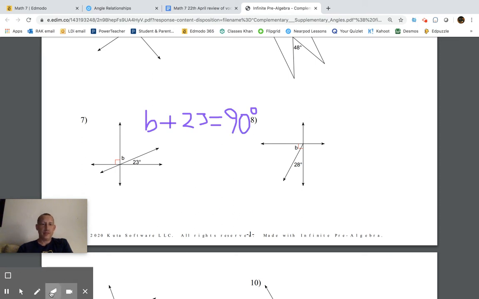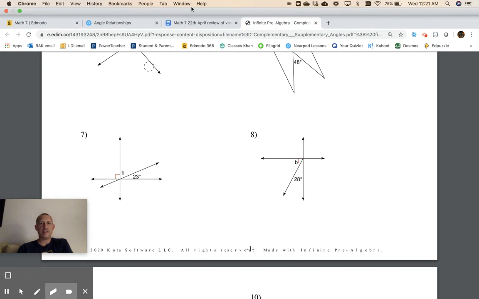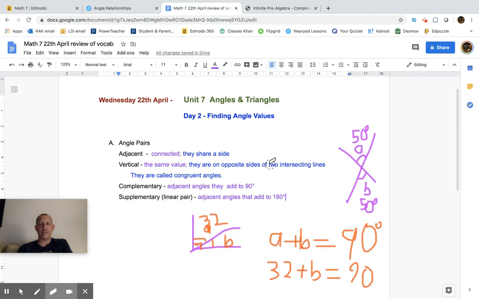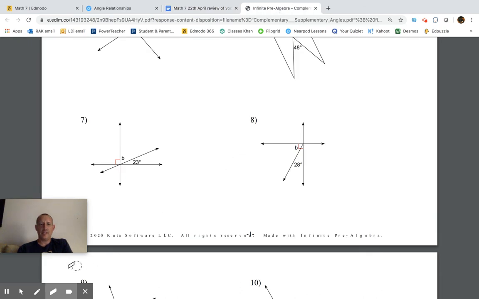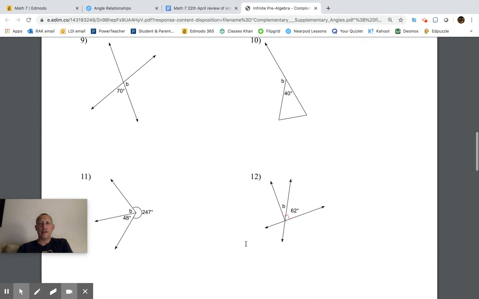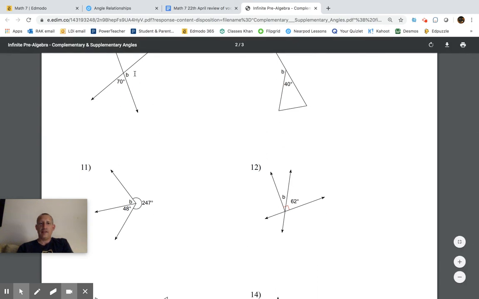Then we have the last type of angle pair that we talked about, supplementary, or some people call it linear pairs. These are two angles that add up to 180 degrees. So it'd be just like what we did, except this time we're going to add them to 180 degrees. Are these supplementary? Yes, they are. B plus 70 equals that straight line.